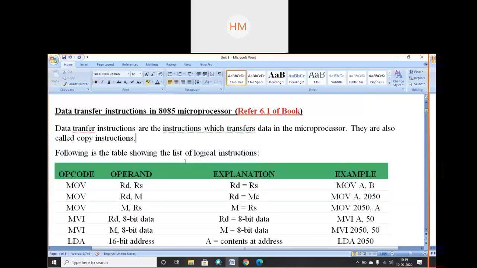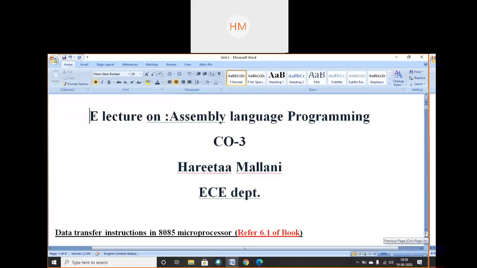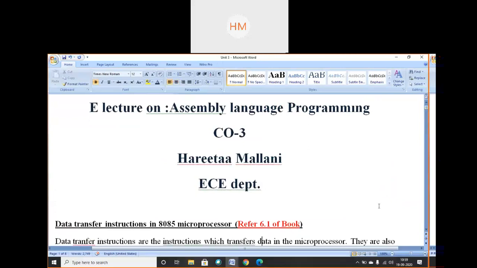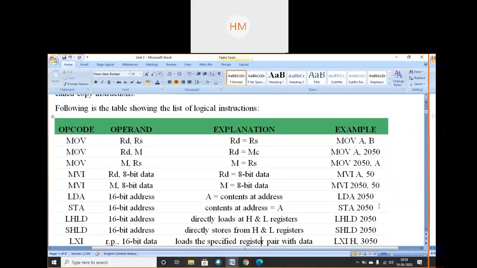They are also called copy instructions. Following is the list showing all data transfer instructions. It's data transfer instruction, not logical.